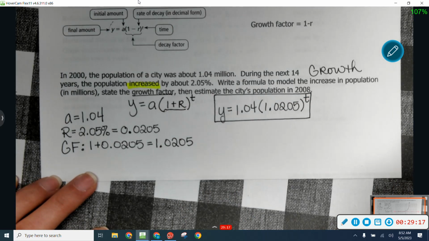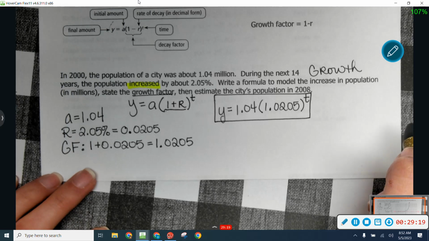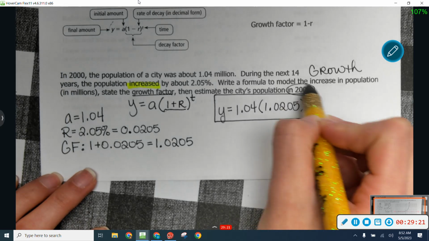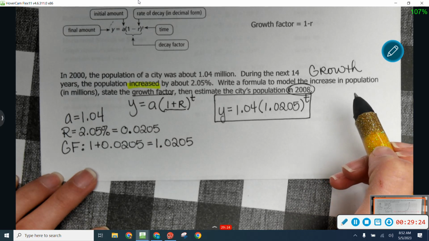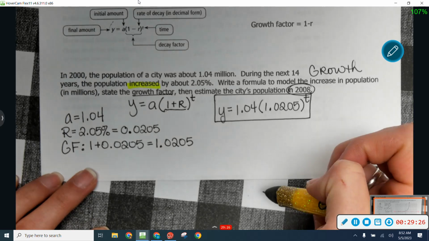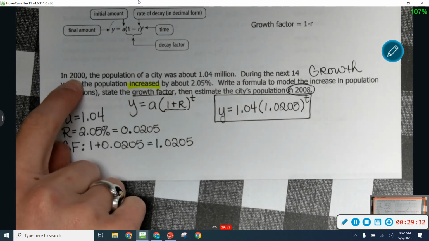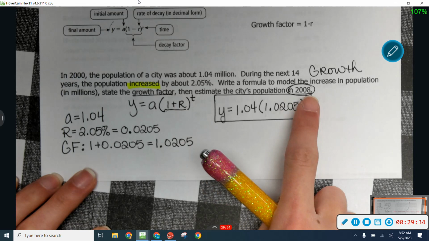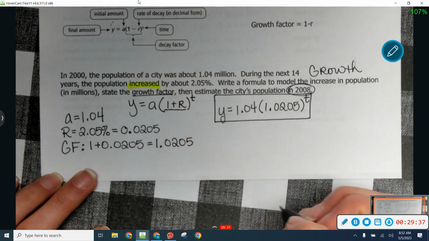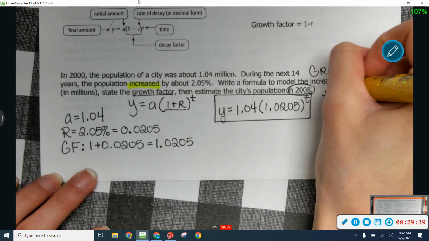We good with that? Alright, so now it says estimate the city's population in 2008. So I need to pay attention to what is my time. Is my time 2008? No, I'm starting in 2000. I want to know what it is in 2008. So what is that time really? 8.